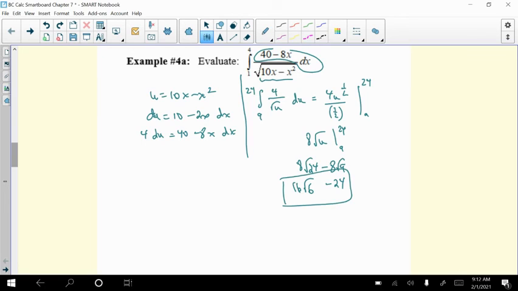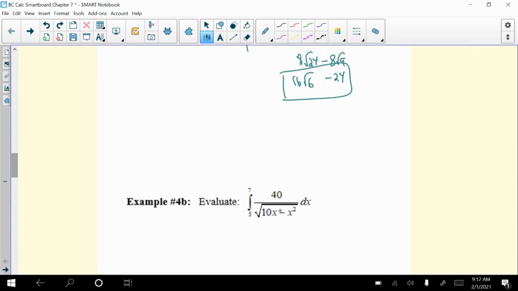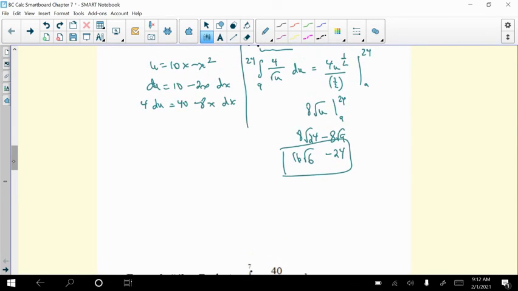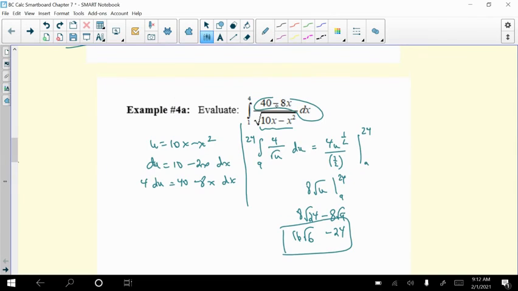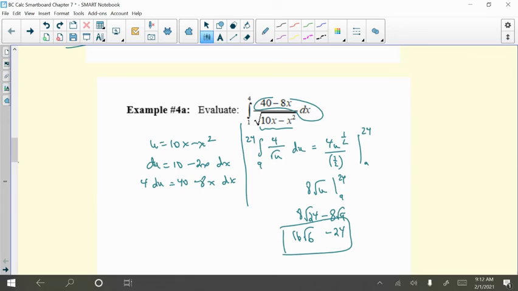Okay. Now, just a little preview, right? For the next one, notice the only difference. Instead of 40 minus 8x, we did just a 40. So obviously a u substitution is not going to work. And again, just a reminder that we didn't have to separate the 40 and the 8x into 2 separate integrals because the u substitution was perfect. Where the previous example, number 3, we did, because we didn't have that direct u substitution.